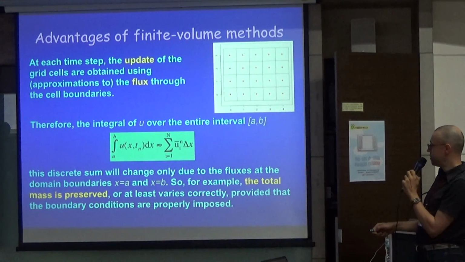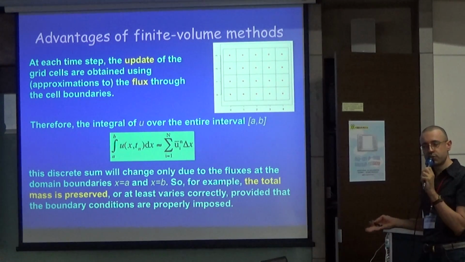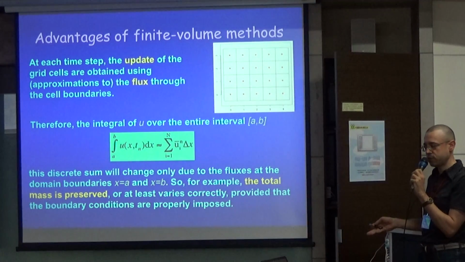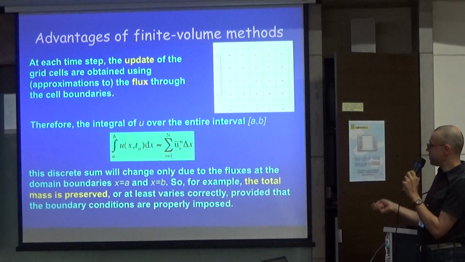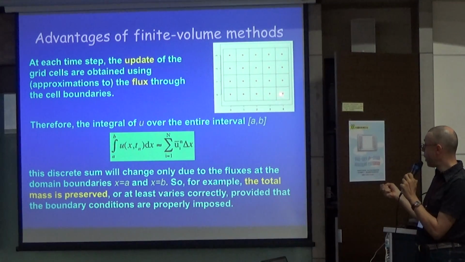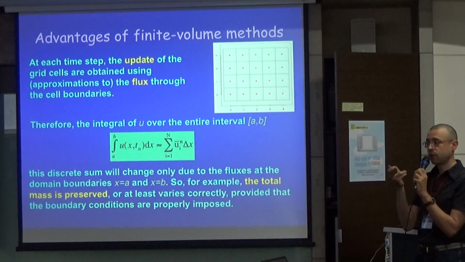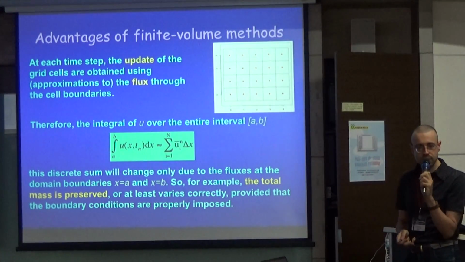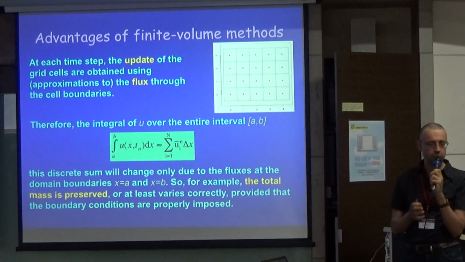And why is this? Finite volume methods are very useful for solving hydrodynamic equations because, as you can easily imagine, the fluxes sum up, so if some matter goes out from one cell, it goes into the other. So matter quantities are conserved, mass is conserved, unless of course something is coming from outside the grid.